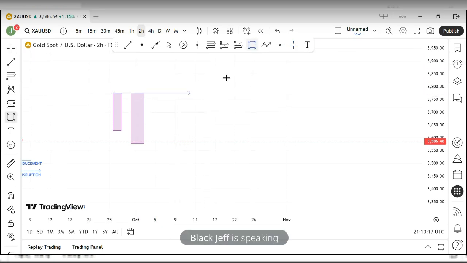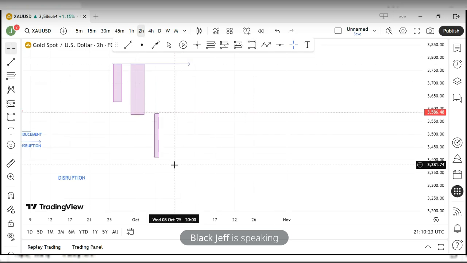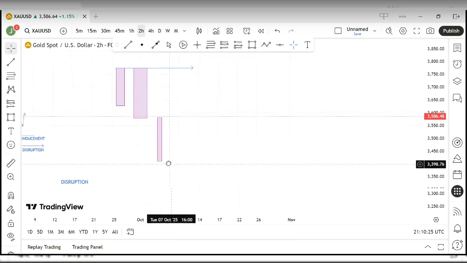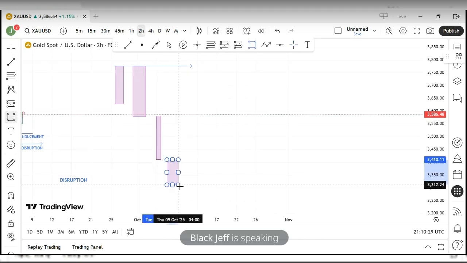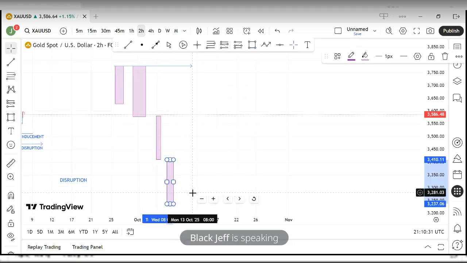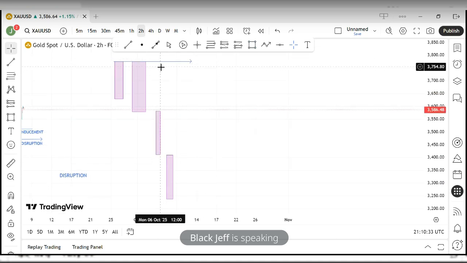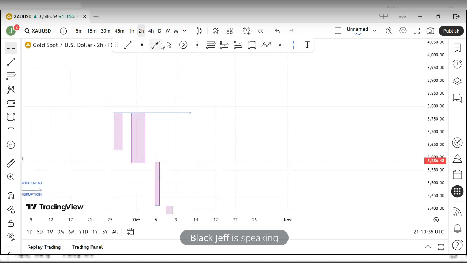And this market kept selling. This is not RBS or SBR or something. It kept selling. And this is the only key level that was formed. In this key level, the market has wicks at the top.